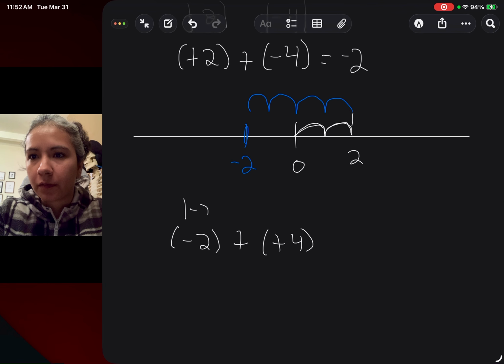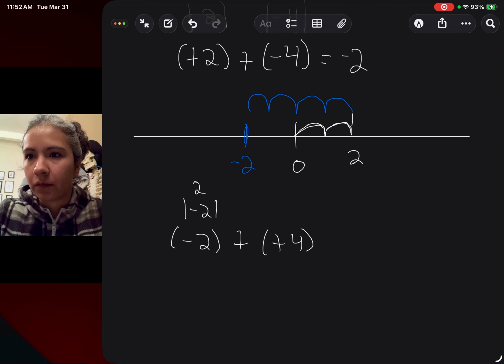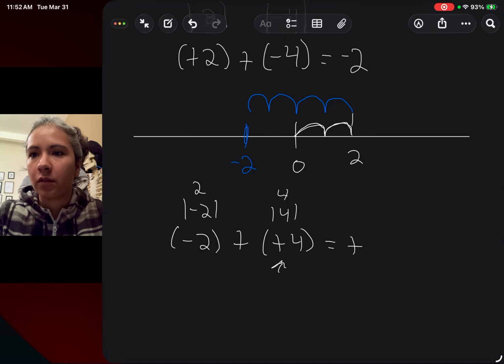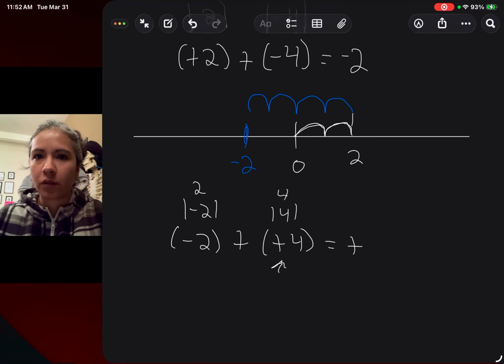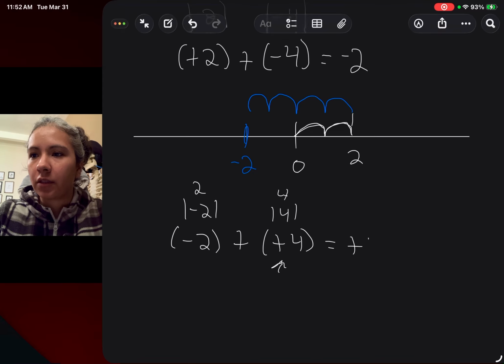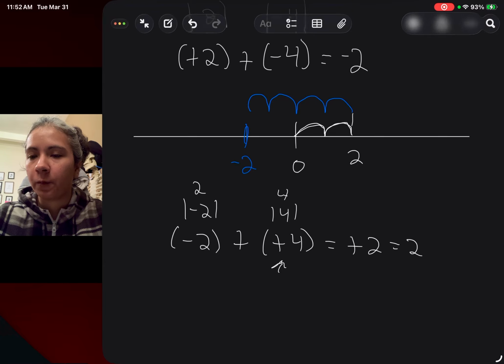The absolute value of negative 2 is 2. The absolute value of 4 is 4. 4 has the bigger absolute value, so our sign is going to be positive. Our answer is going to be positive. And then we take the difference of the two numbers, so 4 minus 2 is 2, so our answer is going to be 2.